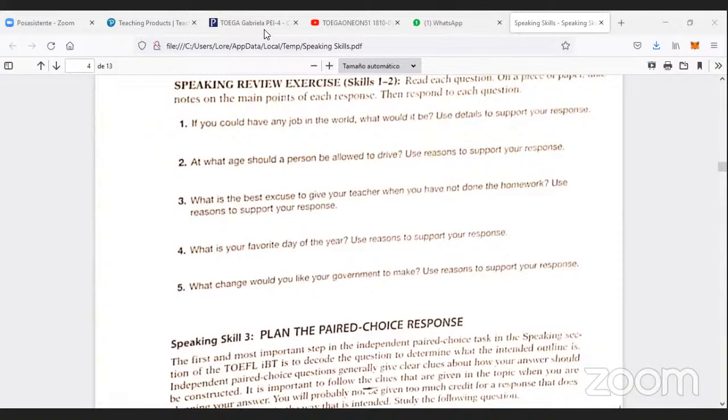What change would you like your government to make? Wow. This is a good question. I think there are many things that the government should do to make this country better. First one, I think it's the politics. I am not a supporter of, how can I say this, the actual government.